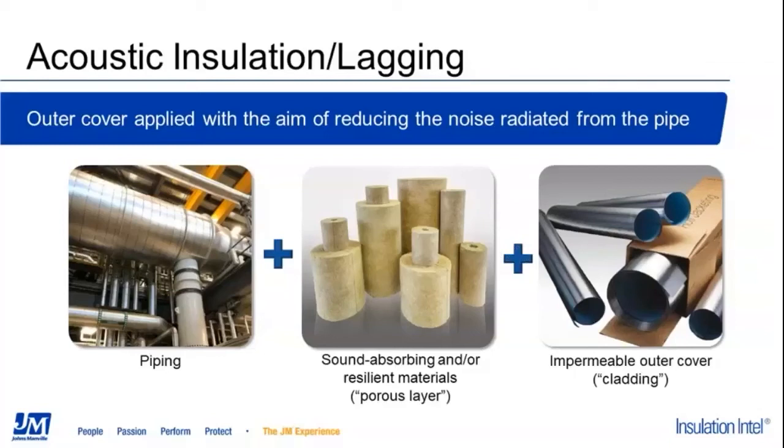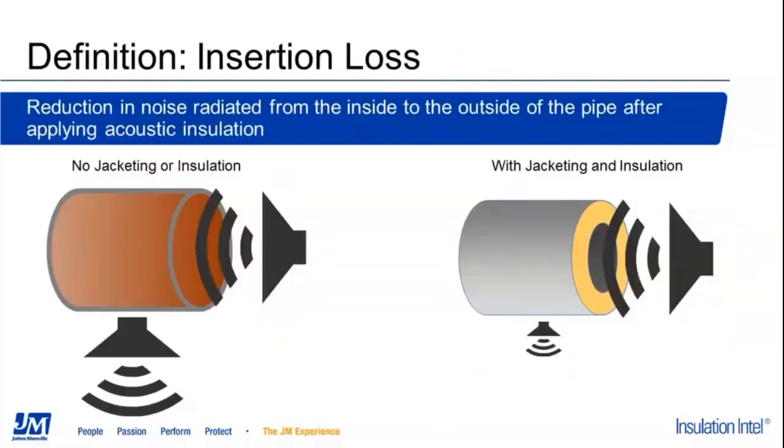And typically that would be taking the pipe and applying some type of an absorbing or resilient material, porous layer on the outside of the pipe, and then on top of that, a lagging system that may just be a metal jacketing system by itself, or it may also be a metal jacketing system in conjunction with some type of mass-loaded vinyl, depending on the level of noise reduction you're trying to achieve and what frequency that noise is at. So very critical information there.